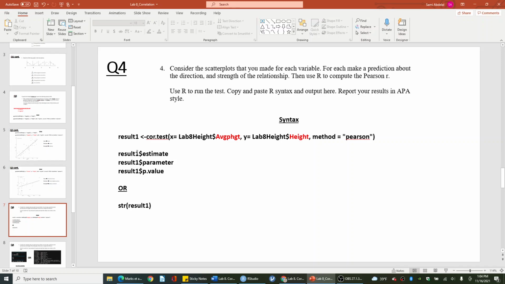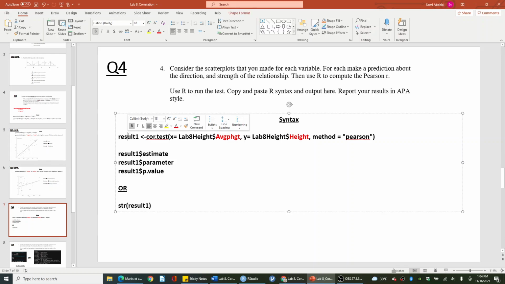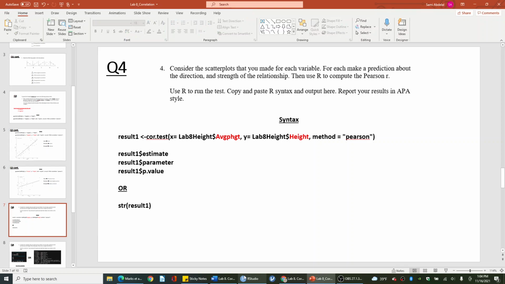Our result 1 estimate is going to be our R value. The parameter is going to be degrees of freedom, and then this is obviously going to be the p-value. So these are the only 3 things you'll need to write your answers in APA. You could also just use this command right here, str, and then result 1, whatever you've named it over here. And I'll show you guys what it looks like in R right now.